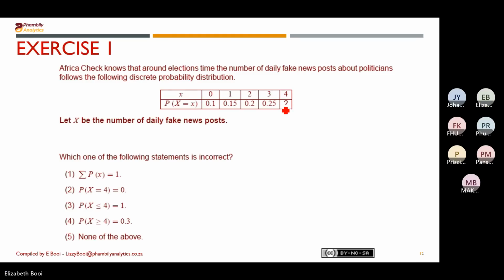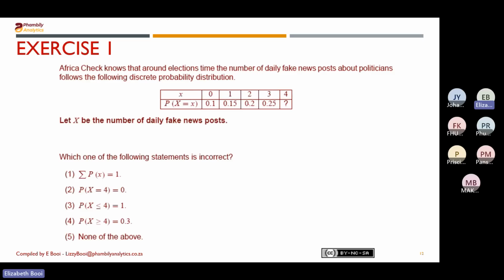If it were 0.7, then if I add these numbers, it will be more than 1. So what will be the answer for 4? What will that probability be? Take the complement of the answer you just gave me.